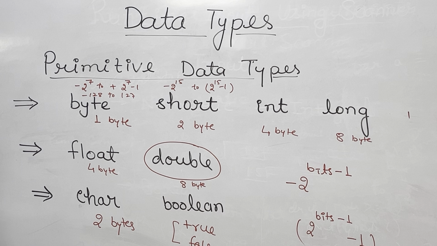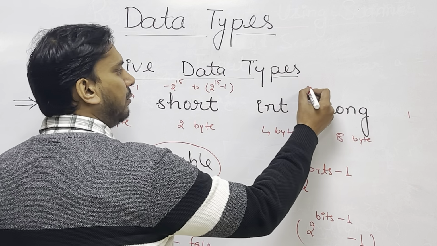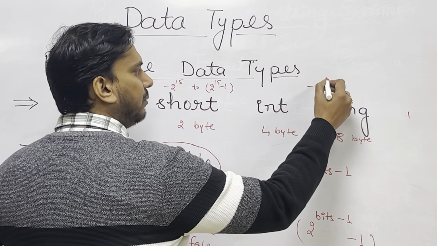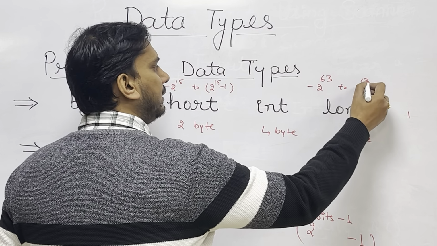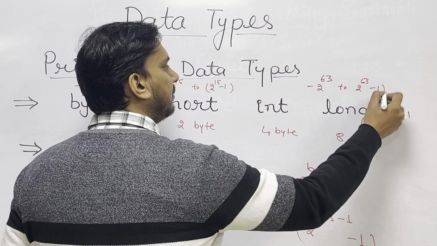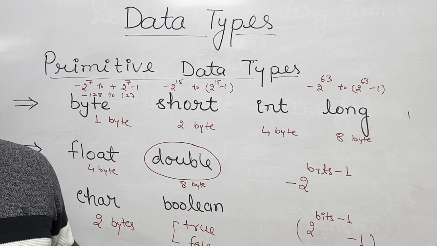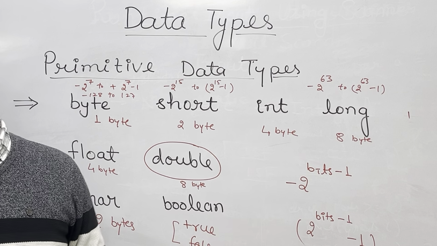And if anybody asks you the range of long, the number of bits is 64, so it is minus 2 raised to the power 63 up to 2 raised to the power 63 minus 1.